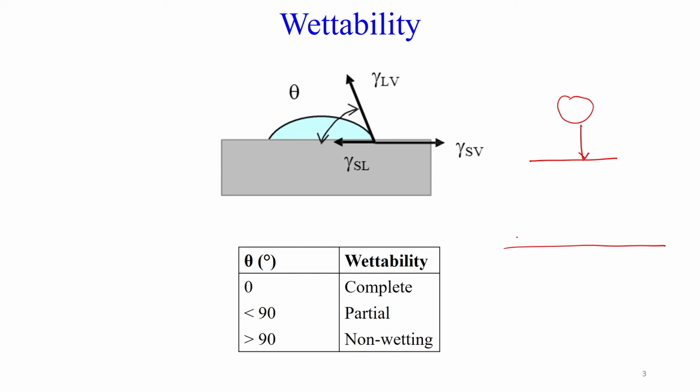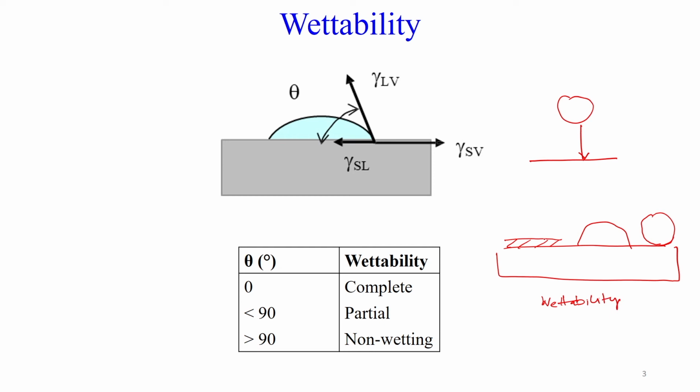One aspect may be that it forms a film, another aspect may be that it is partly wetting, and another may be that it is completely non-wetting, forming a sphere on the surface. So, we can have these three aspects, and this phenomenon is called wettability.